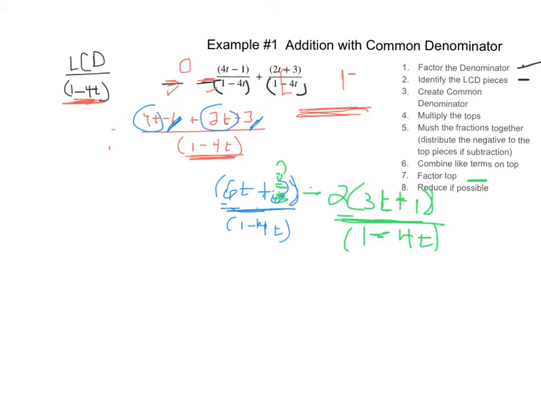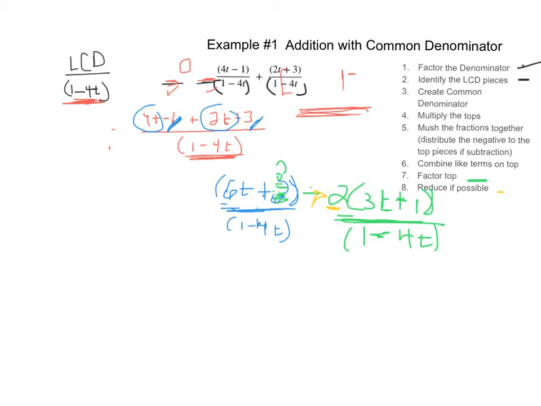Okay, so now we factor. Our next step is to try to reduce if possible, but again, as we discussed in a prior video with multiplying and dividing, to reduce, remember, numbers on the outside of a parenthesis are monomials. We play the higher lower game if we can.